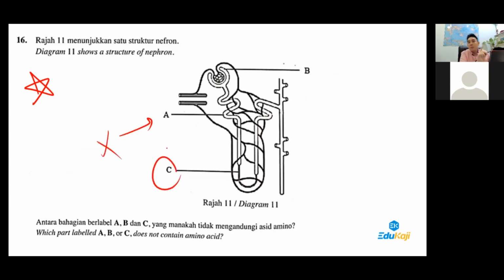Answer is C. Because A, yes, we learned that 100% of amino acid is reabsorbed, but until it reaches the loop of Henle, here maybe still got quite a bit of amino acid. When it reaches the loop of Henle, only then completely no more. At this point, guys, there's no glucose, there's no amino acid. All have been reabsorbed. Okay, so 16 answer C.